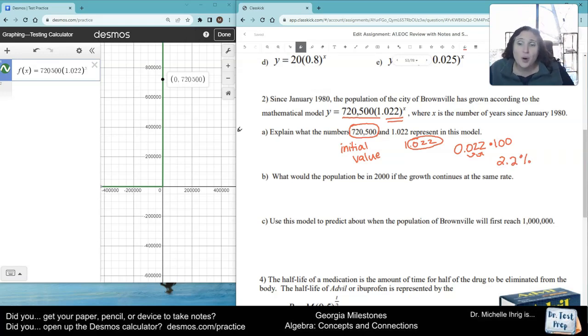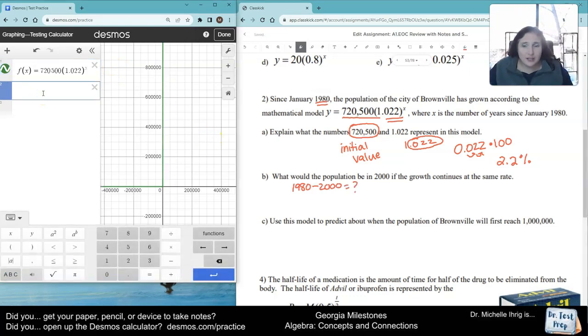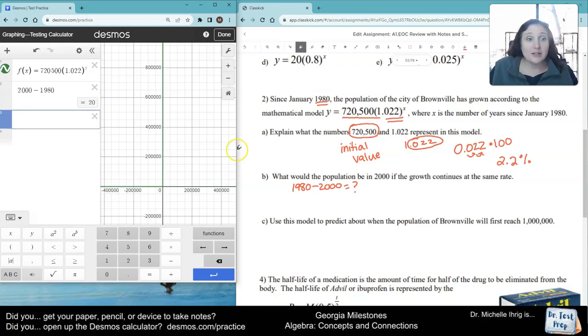So it says, what would the population be in 2000 if the growth continues at the same rate? Well, here it's 1980. So if we're at 1980 and we're going to 2000, we have to think about how many years have passed. So what I'm going to do is go over here and do 2000 minus 1980, and that tells me that 20 years have passed.